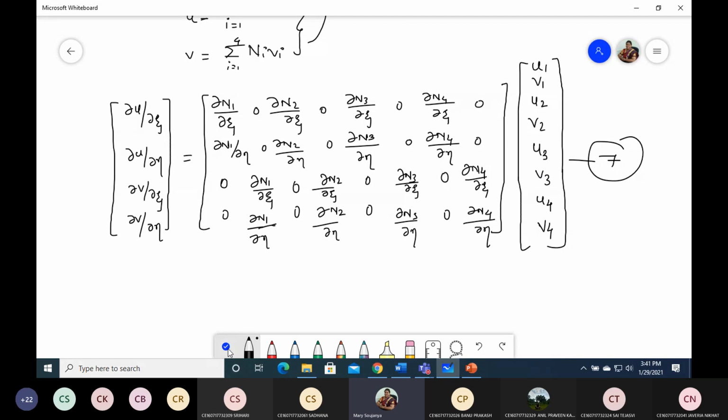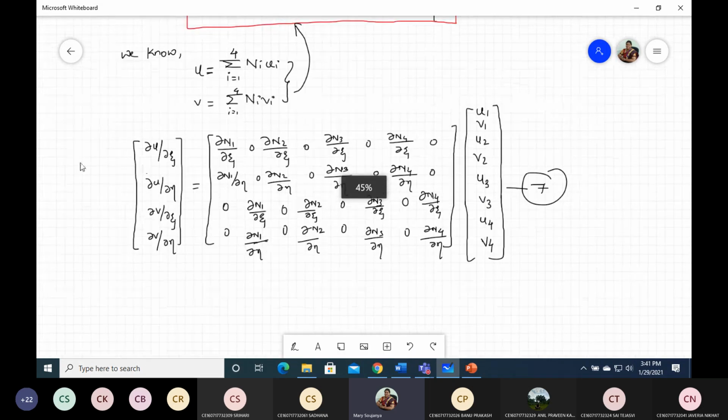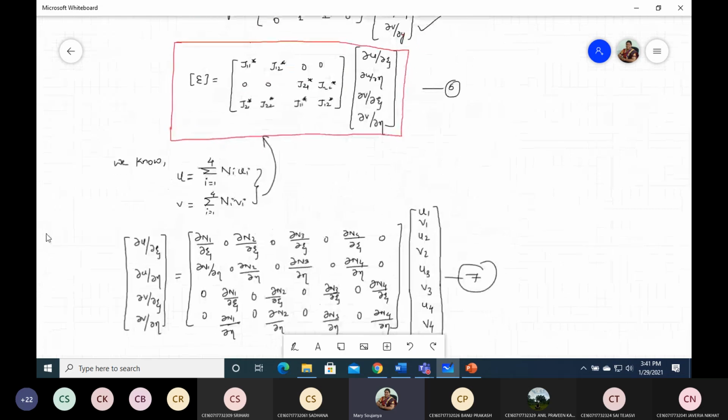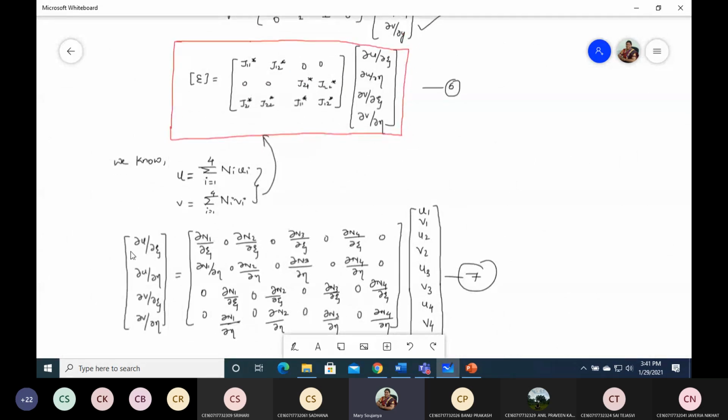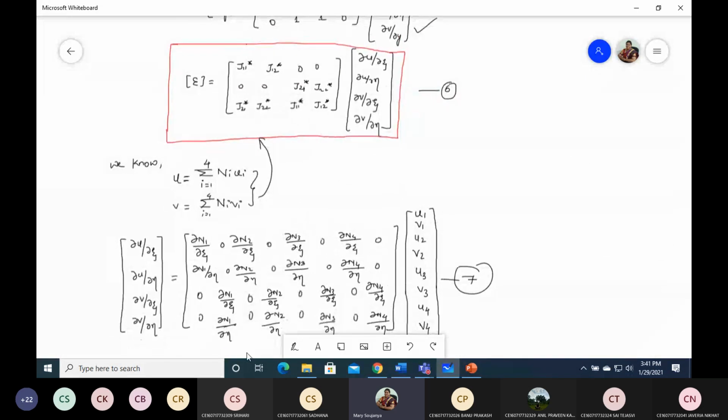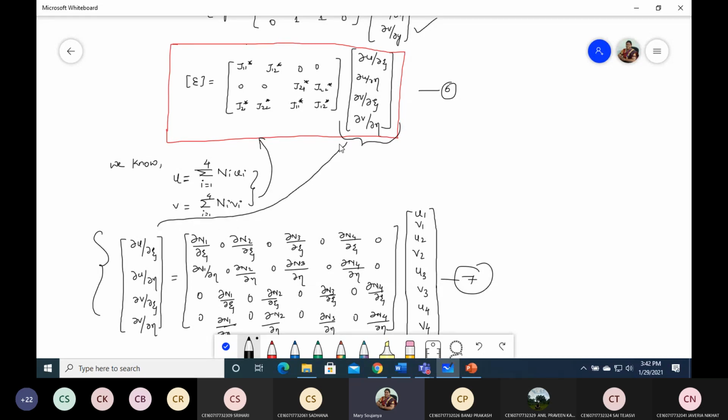Now what do we have? I'll reduce this a little for us to go to the previous one. See, this term is the matrix here, so we need to substitute this here now.